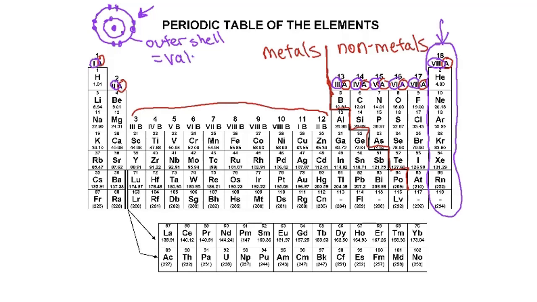And the electrons that are in the outer shell are called the valence electrons. So just as some background terminology there, that's the valence electrons.